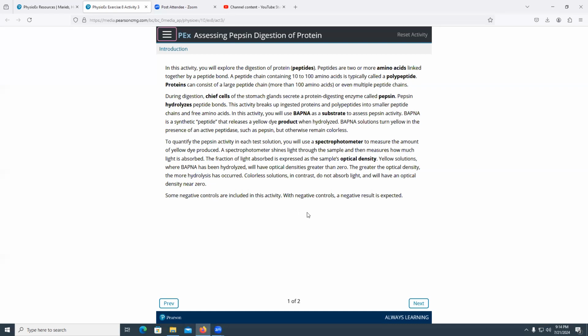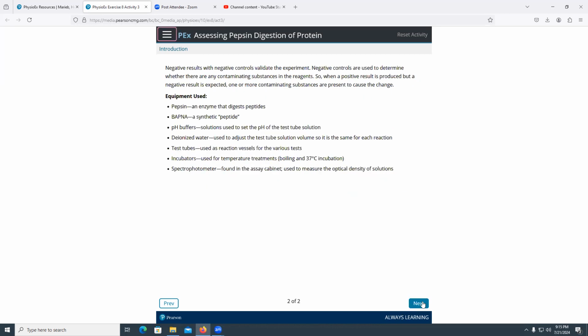So, for example, if I have a very, very high optically dense solution, I should expect no light transmission, and I should expect complete absorption and no light transmission. That represents an example of a negative result, meaning that I have no light passing through.